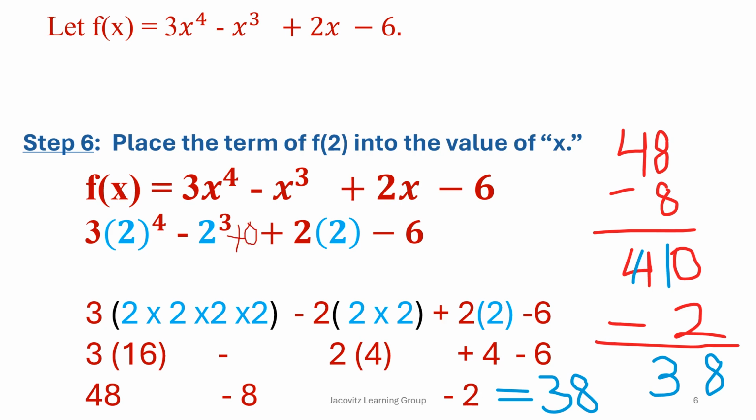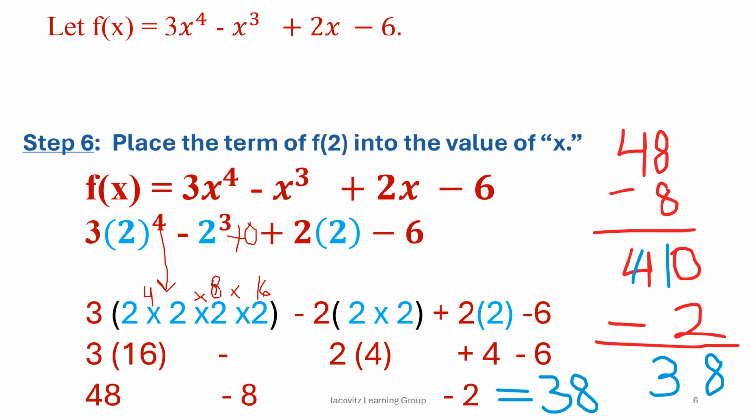This is 2 times 2 times 2 times 2. That's what this 4 means, so there are 4 of these. 2 times 2 is 4, times 2 is 8, and times 2 is 16. So that's why you see a 16 here.